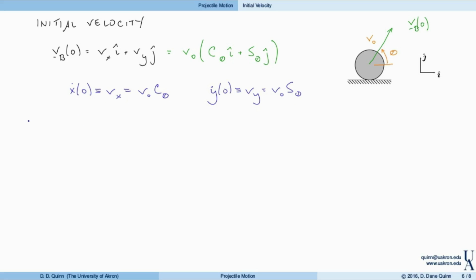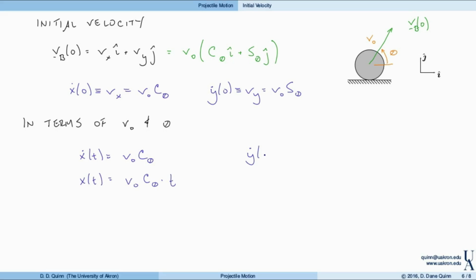So now, in terms of v naught and theta, we can solve for the motion once again. x dot is Vx, which happens to be in this case v naught cosine of theta, and x of t becomes v naught cosine theta times t.